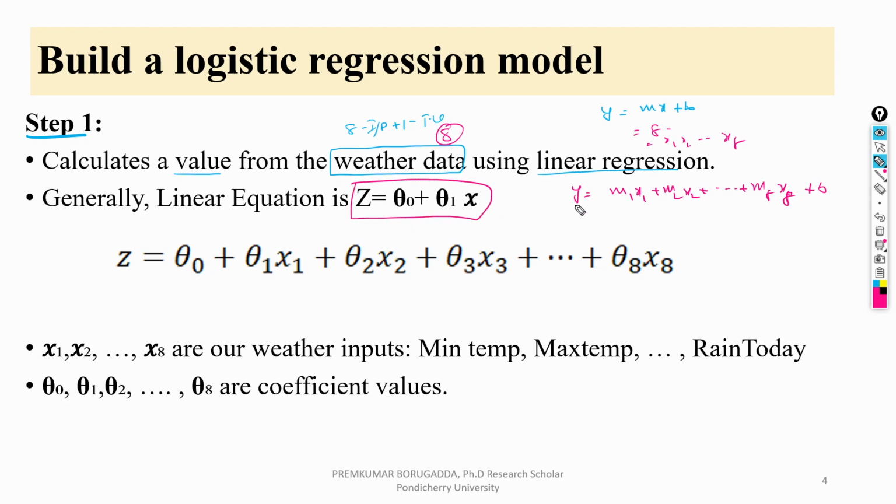In place of m we are taking theta 1, theta 2, theta 3, up to theta 8, and in place of b we are taking theta naught. There is no difference. Here x1, x2, x3 are our independent variables, and theta naught, theta 1, theta 2 are our coefficient values. We are going to find these coefficient values by using the regression.